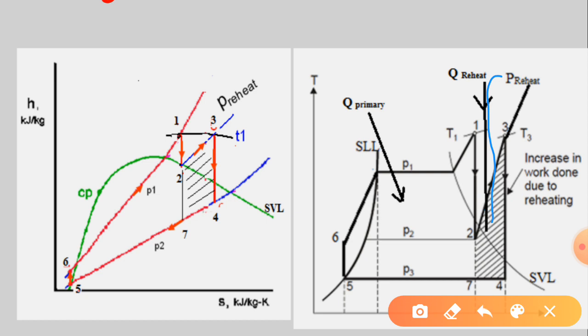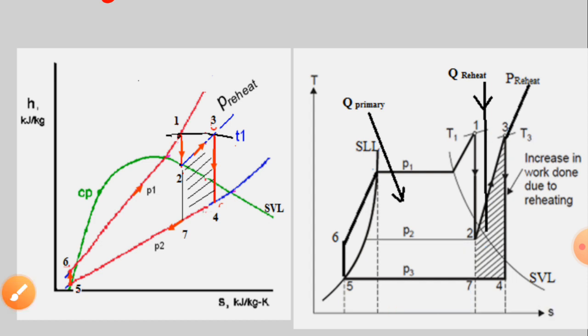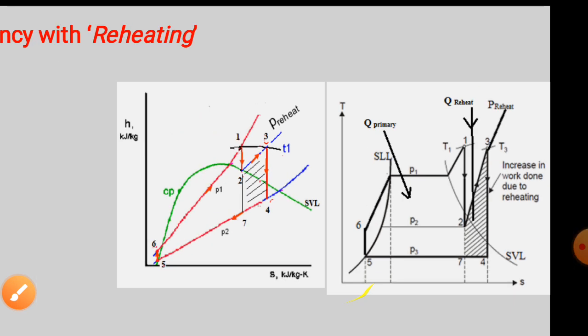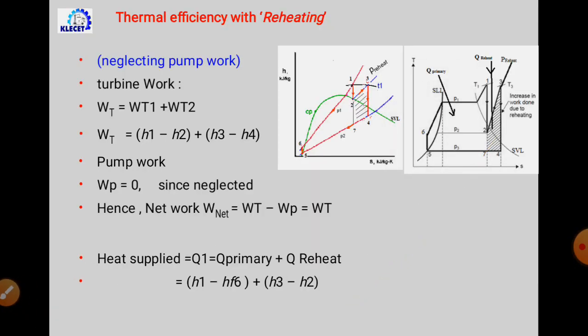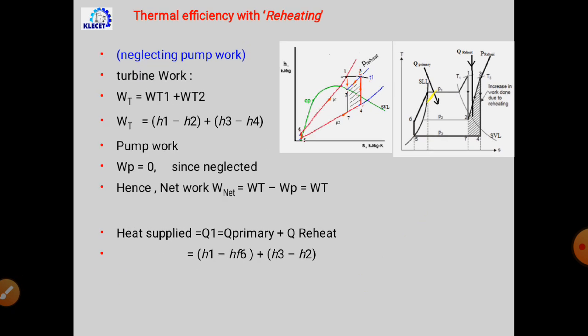The higher enthalpy is H3 here because state 3 is in the superheated condition, and the lower enthalpy is H2. So H3 minus H2 will give me the heat supply during the reheat process.